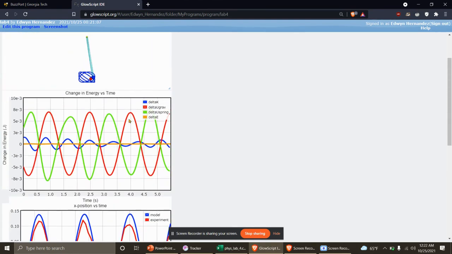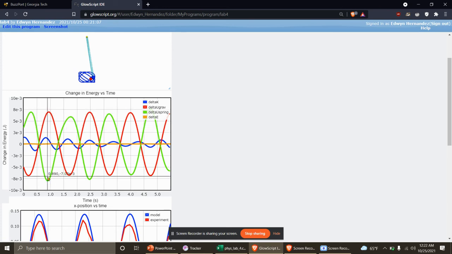After finishing it up, we see our delta K is dissipating. Our gravitational potential energy goes up and down. When the spring goes up, the gravitational potential energy goes up as well. Then our delta U of the spring will go down.